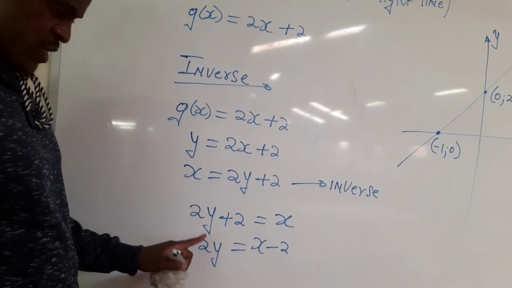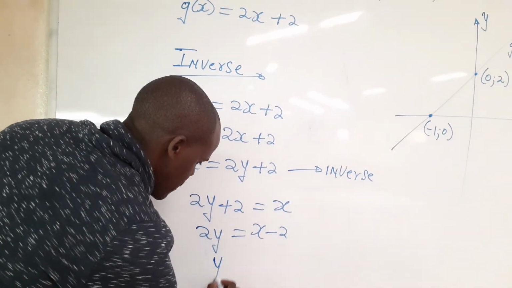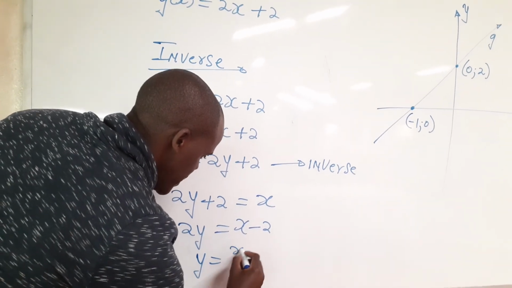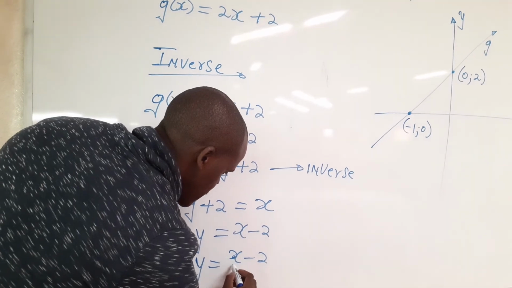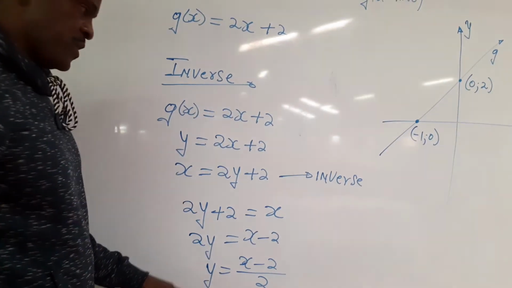We divide by 2. y will be equal to x minus 2 all over 2. We just divide by 2.